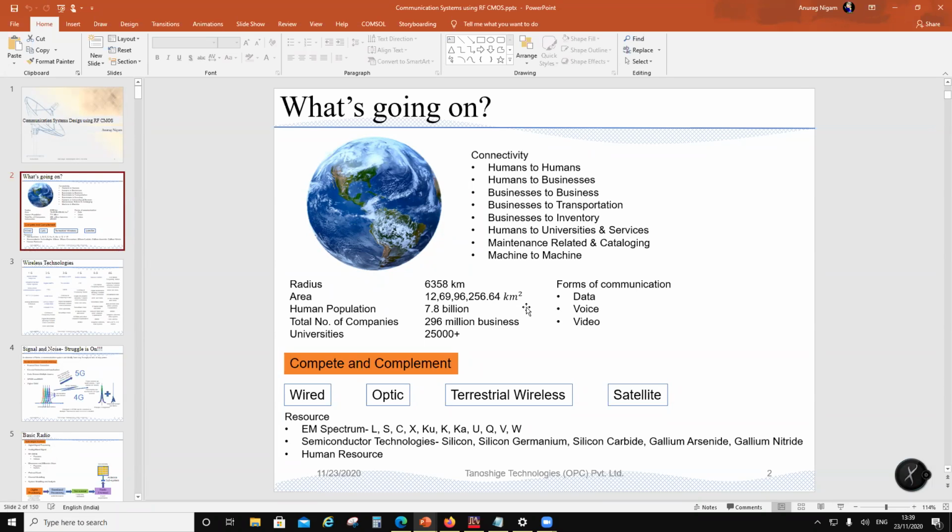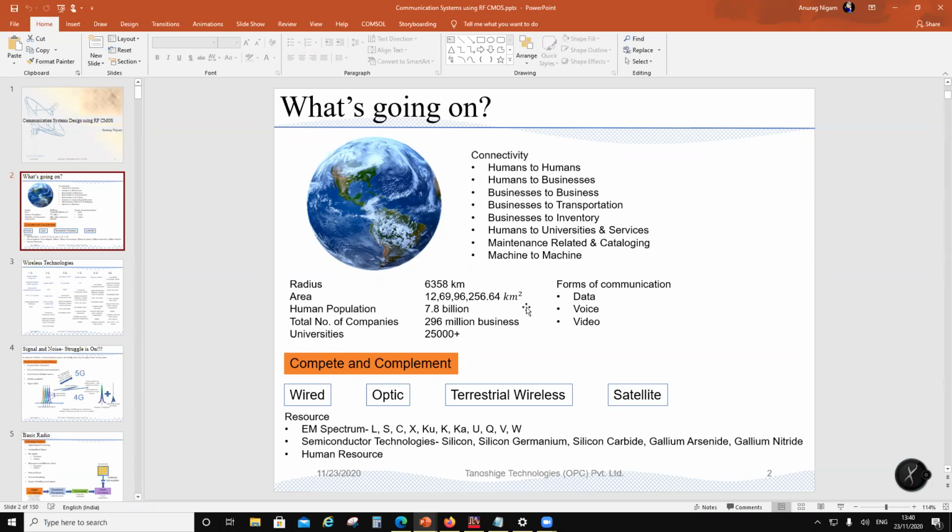So vehicular communication networks are also a form of communication. Inventory management, warehousing, everywhere it is required. Universities are availing certain services, so they need to communicate. Maintenance related cataloging, machine to machine communication. So there are different areas where connectivity is required.